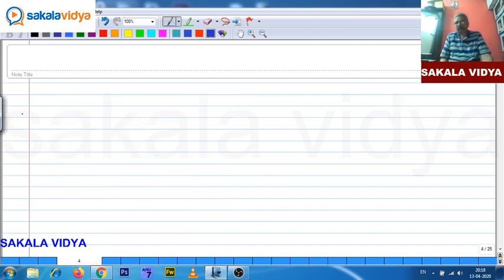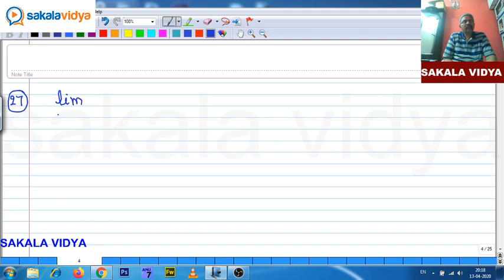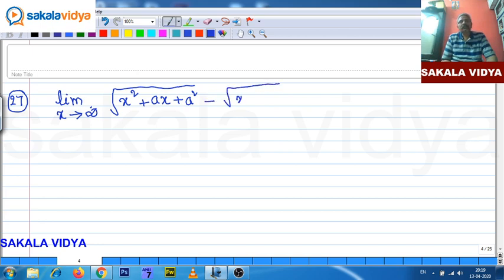Twenty-seventh problem. Limit x extends to infinity, root of x square plus ax plus a square minus root of x square plus a square equals to.